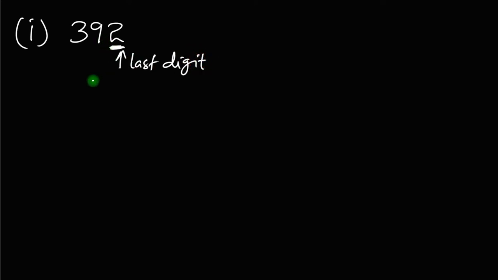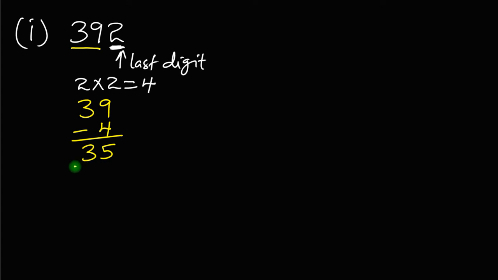If we double the last digit, that will be 2 times 2, which is 4. Then the remaining digits are 39. So we subtract 4 from 39. We have 39 minus 4, we get 35. Therefore, 35 is divisible by 7.